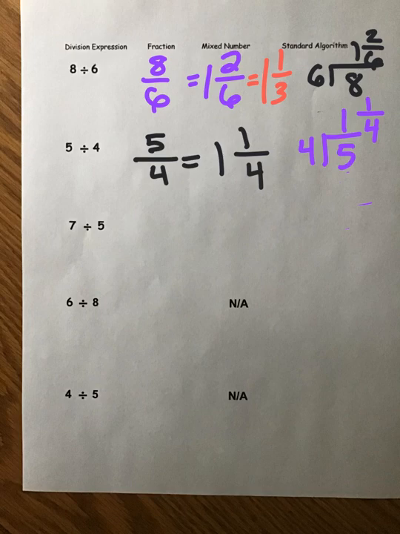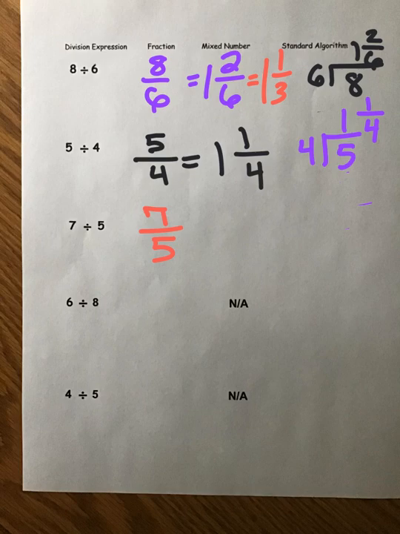In the next example, you will see that I have 7 divided by 5. That means 7 is my numerator. The division sign is the same as the fraction bar, and 5 would go underneath. Can this become a mixed number? The answer, of course, is yes, okay, because the numerator is larger than the denominator.